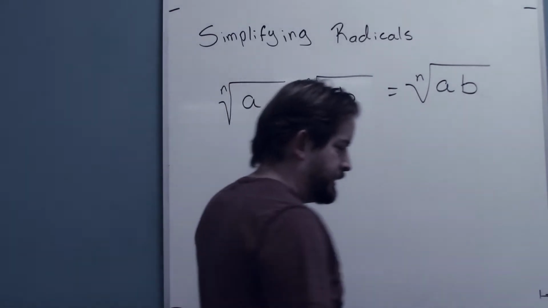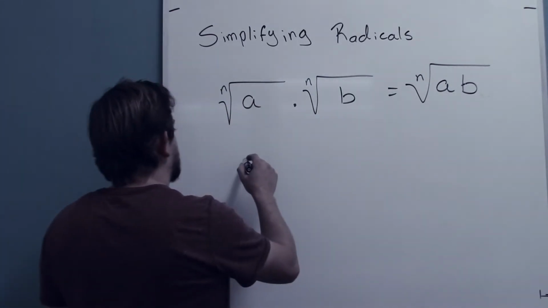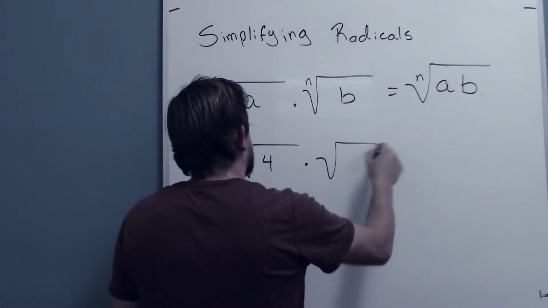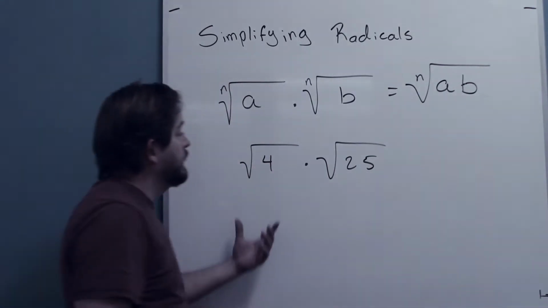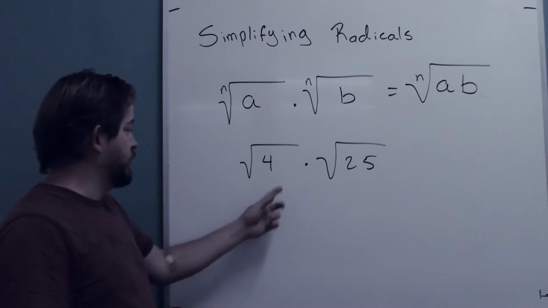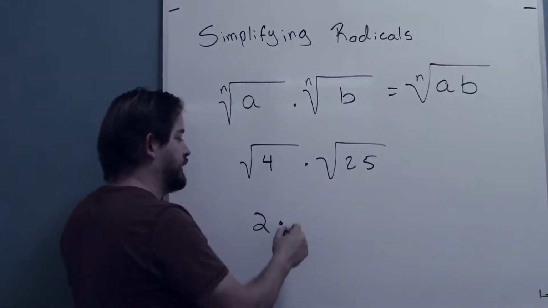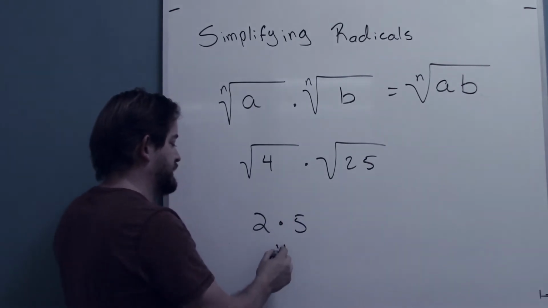It works in order to simplify a lot of stuff. Like, let's look at the square root of 4 multiplied by the square root of 25. Now I could treat each of these separately. The square root of 4 happens to be 2, and then I multiply that by the square root of 25, which happens to be 5, and this is 10.